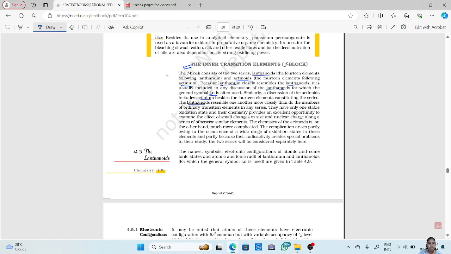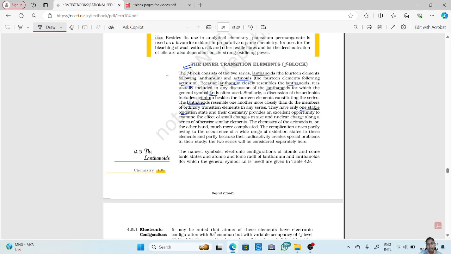They have only one stable oxidation state, and their chemistry provides an excellent opportunity to examine the effect of small changes in size and nuclear charge along a series of otherwise similar elements.